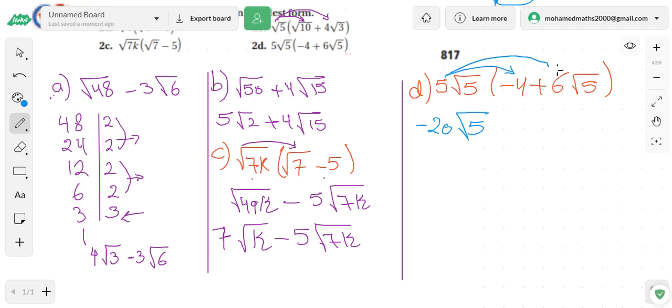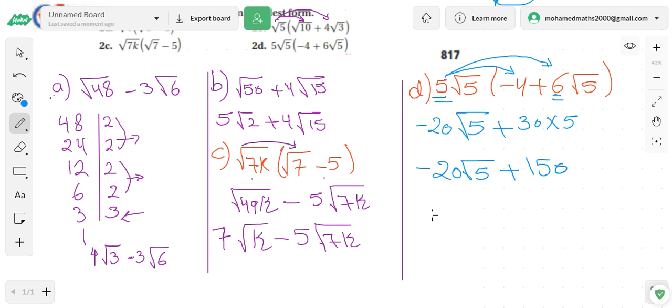Then 5 radical 5 times 6 radical 5, we will multiply number times number and radical times radical. So it is 5 times 6, which is 30, times radical 5 times radical 5, it's radical 25, or it's 5 directly. Now it's negative 20 radical 5 plus 5 times 30 is 150, and this is the final answer.